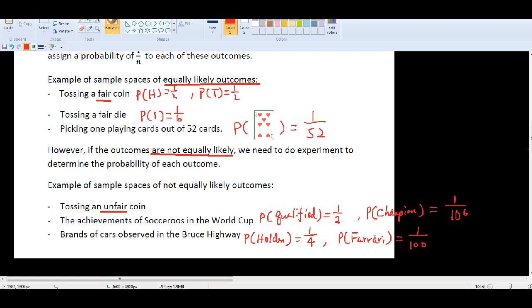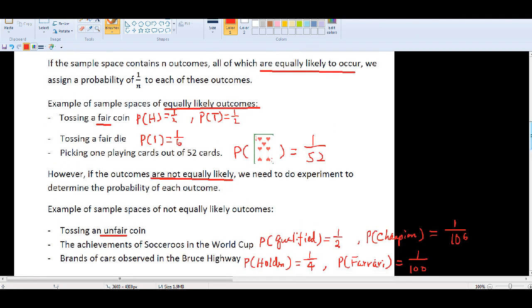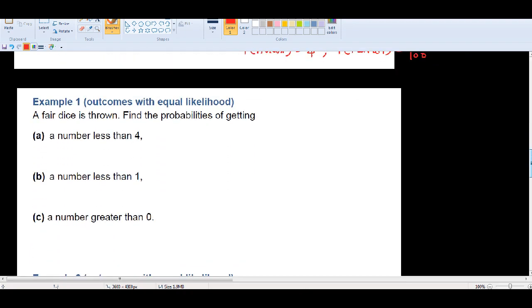But if the outcomes are not equally likely, then you need to do a bit more to get the correct probability for each outcome. You can't just assume each outcome has the same probability, right? So I want you to be careful and aware of that ahead of the new content.